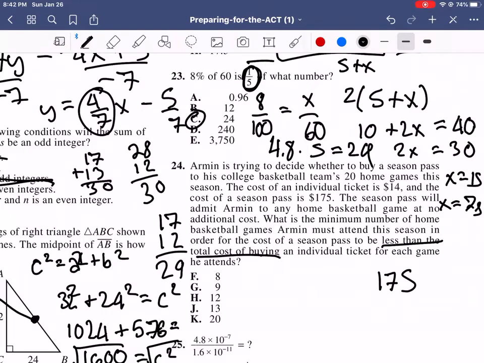You're looking for when $175 be less than... hold on, sorry. Oh my god, this is taking longer for me to process than I thought.